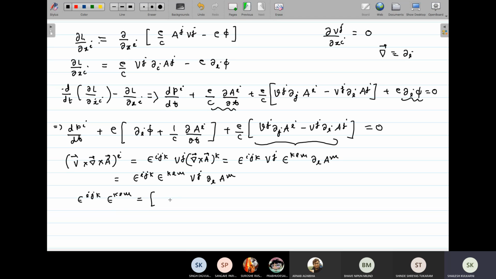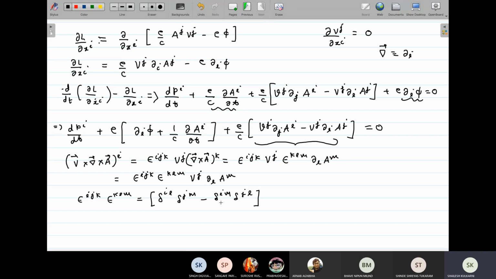It depends on the situation whether you should express this in terms of Kronecker delta or not. Here it is fruitful to express the product of two epsilons in terms of Kronecker delta, but I have to take into account the antisymmetry property. So δ_il δ_jm minus δ_im δ_jl.